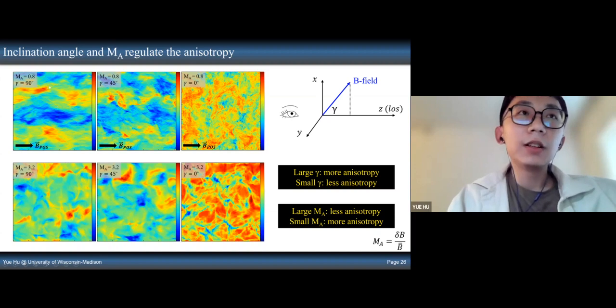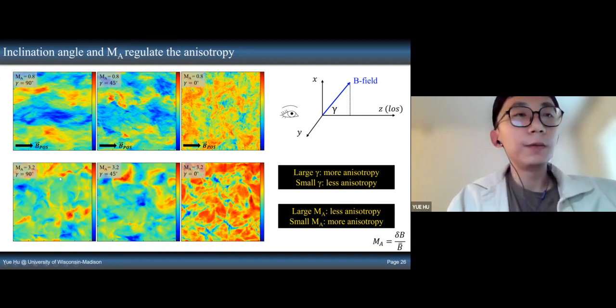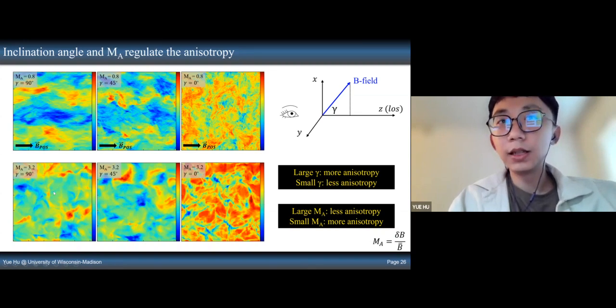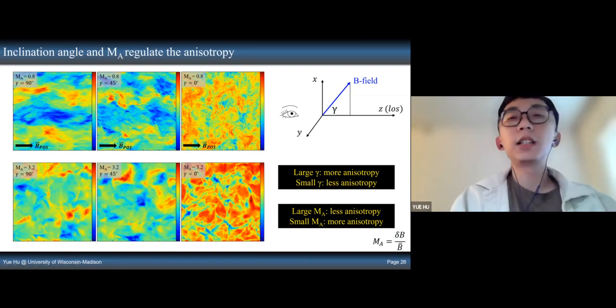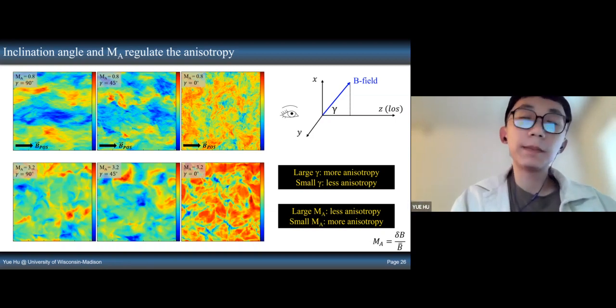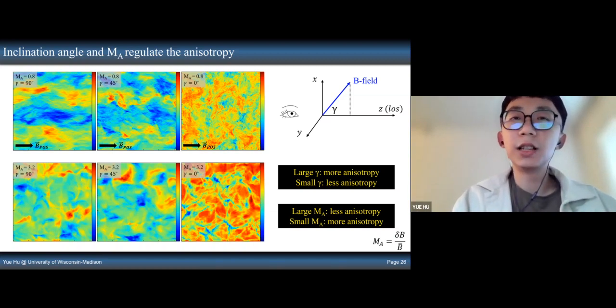For the upper panel, we have a strong magnetic field, a small MA, and we see apparent anisotropy. But if we decrease the magnetic strength, in the bottom panel, the anisotropy is insignificant. So actually there are two factors, the inclination angle and the magnetic strength, that control the anisotropy observed in an emission line.